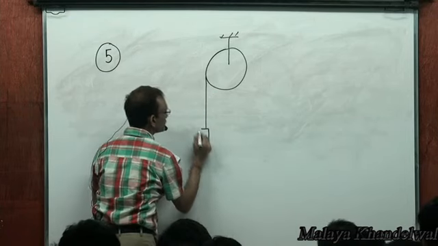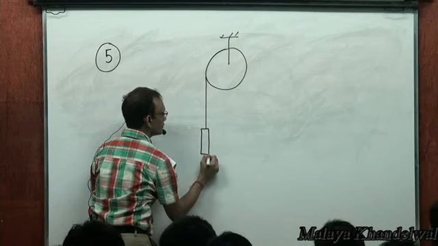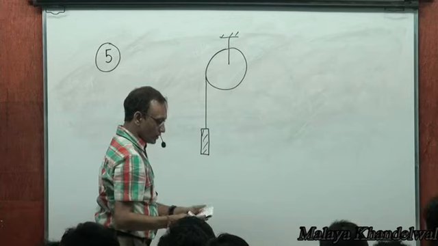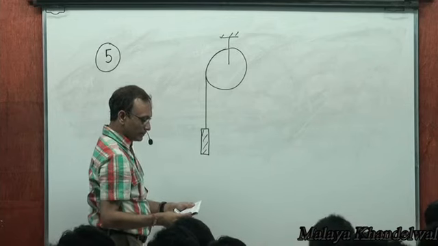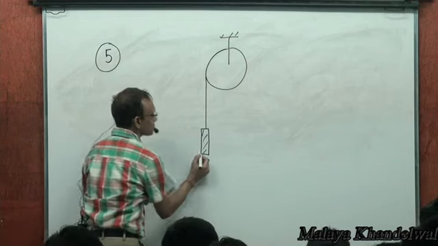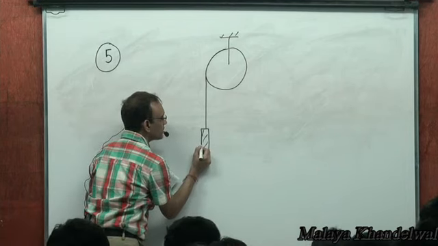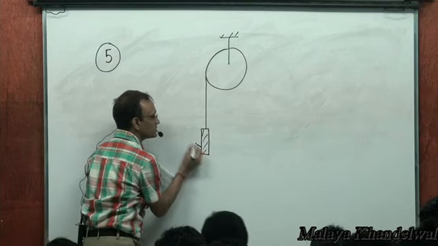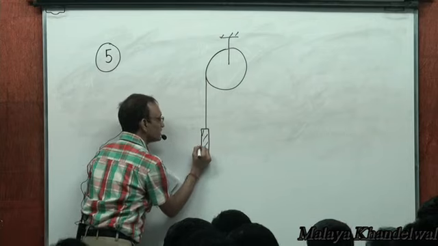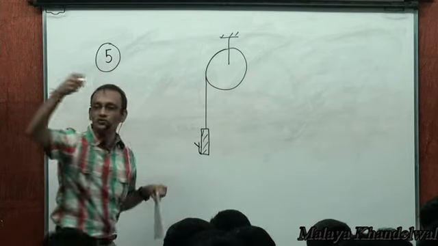This is the ladder at one end, with a man of mass small m on one of its ends. Let's say this is the man of mass small m. I'll just show his hands. He's connected to the ladder, very close to the ladder, like this. He's holding on to the ladder, right?